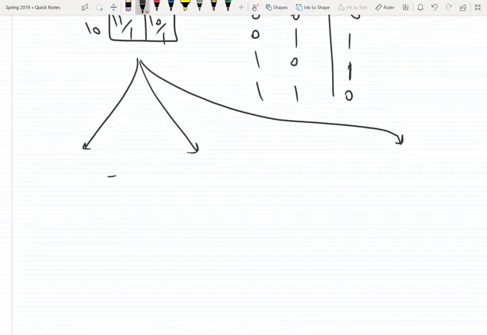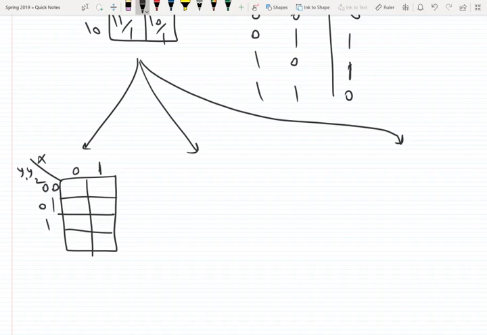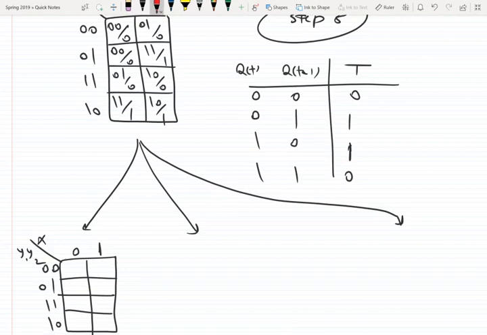So for T1, we draw the table like this. It's X, Y1, Y2, 0, 1, 0, 0, 0, 1, 1, 1, 1, 0, and we use this table to solve it. The present state is 0, changes to 0, so T is 0.